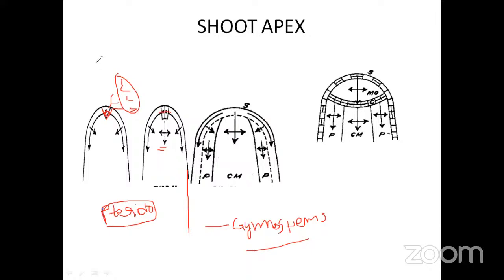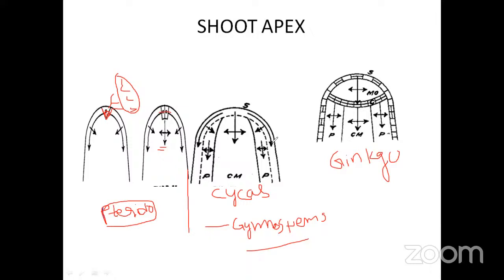Next, if you see the shoot apex theories in gymnosperms, there is the Cycas type and the Ginkgo type. First, let's see the Cycas type.